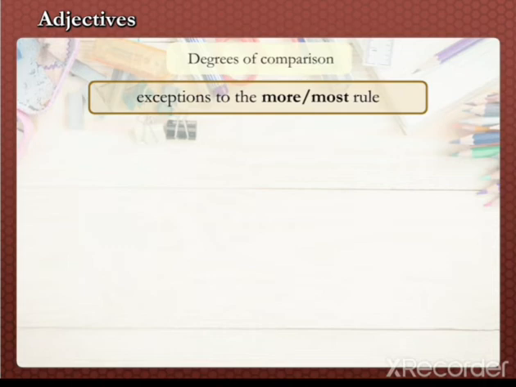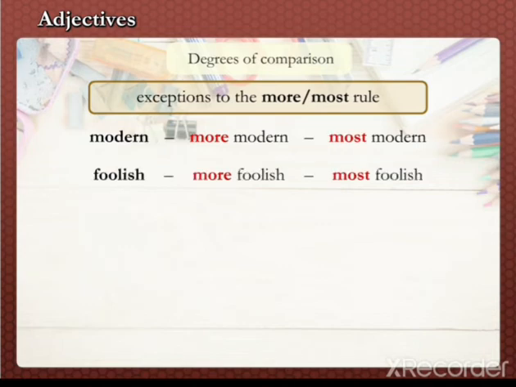For example, the comparative and superlative degrees of the word modern are more modern and most modern respectively. Similarly, the comparative and superlative degrees of foolish are more foolish and most foolish respectively.